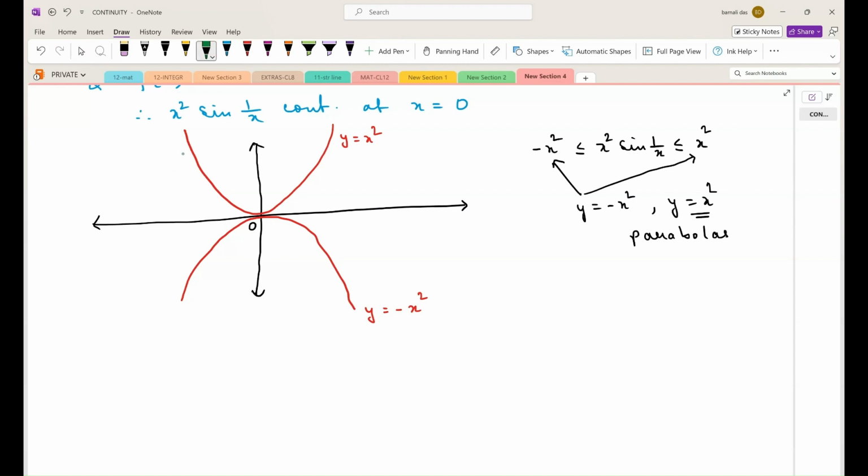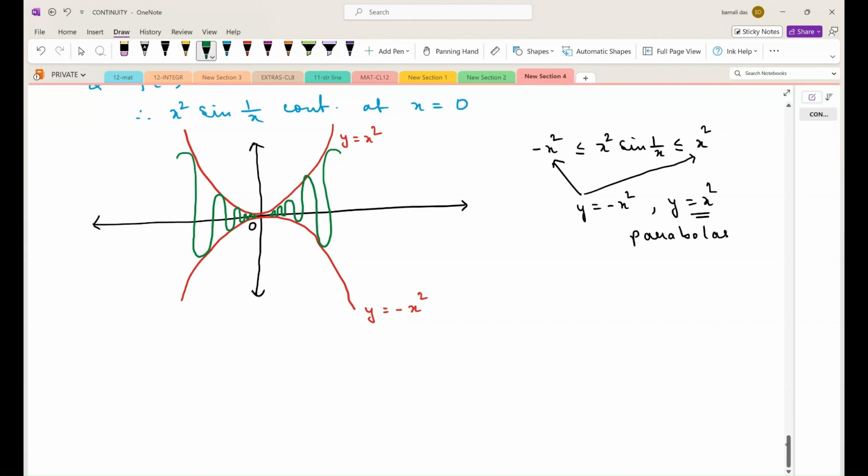That means the function will be like this. So you are forcing the function by the two parabolas to approach 0.